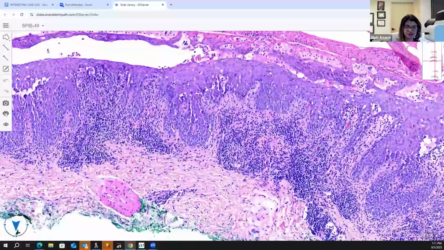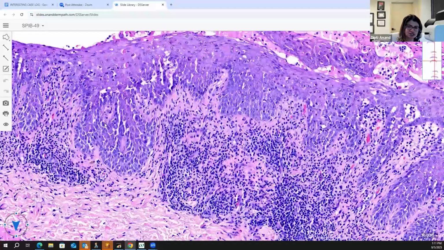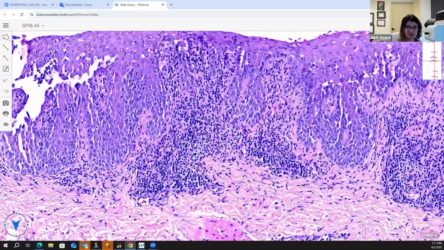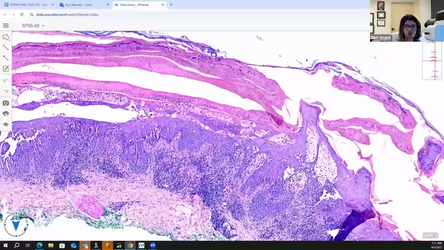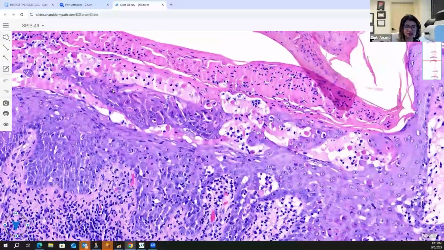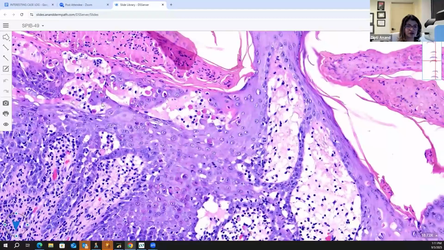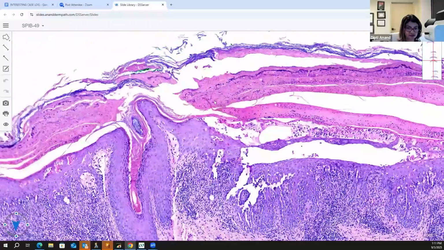And then the interface change always begins at varying levels at the DE junction. So this is all acantholysis. Over here, the acantholysis actually looks in a pemphigus-like pattern, right? This just looks acantholytic. But as you move to the top, you see all these cells, and you cannot appreciate the corps ronds very well because they are mixed in with all this erosion and crust, but they are corps grains.